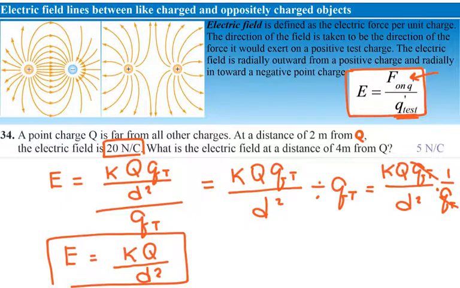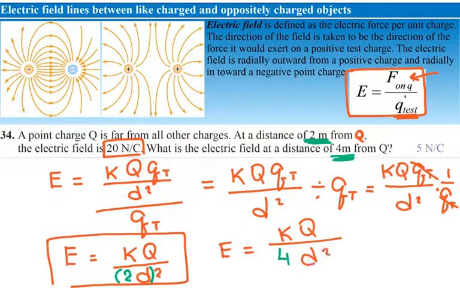So I'm going to look at this equation to calculate the new electric field, and see what changed. What I see is before the distance was 2 meters, now the distance is 4 meters. I'm doubling the distance. So my electric field now is equal to KQ over 4 D squared.